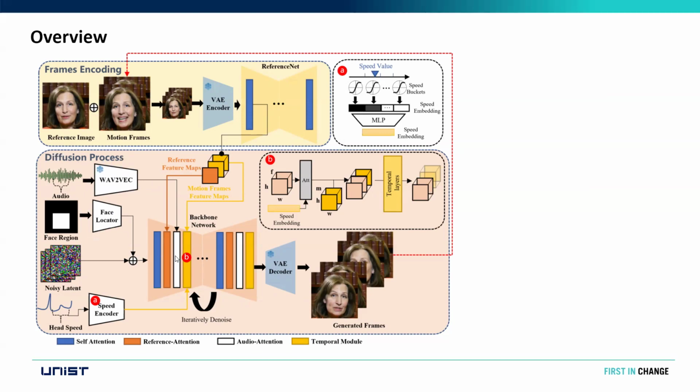And then we have the speed encoder. The speed encoder predicts the speed of the head motion. It is also used as a weak supervision. We'll talk a little bit later about this too.